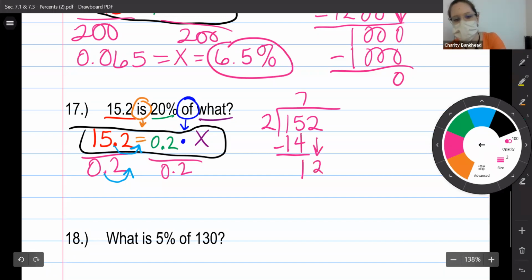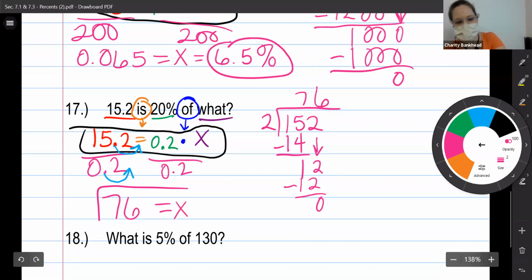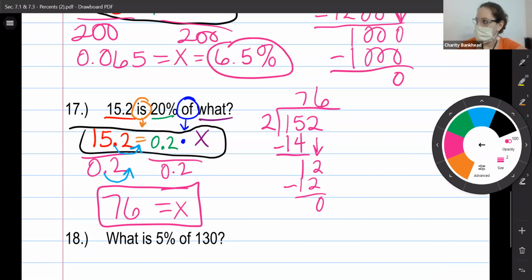Bring down the 2. 2 goes into 12 6 times. So 76 is equal to X. 76 is not a percentage because 20 was the percentage. So it says 15.2 is 20% of what? So 15.2 is 20% of 76.